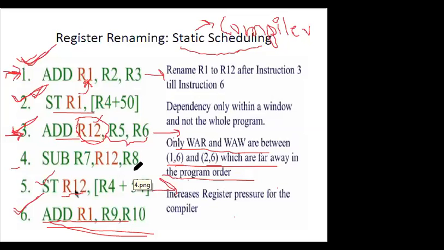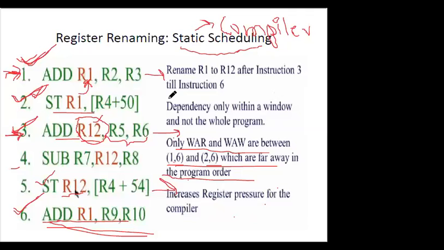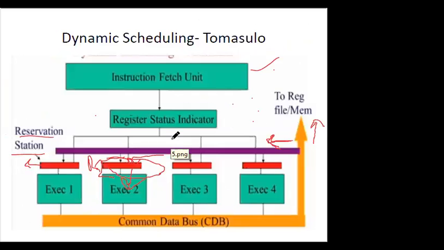Operand forwarding is done for RAW only, whereas register renaming is done for WAR and WAW only. In the static process this was done by the compiler, whereas in this process it is done by the hardware. We will see in the next lecture how this dynamic scheduling is actually done in Tomasulo's process.